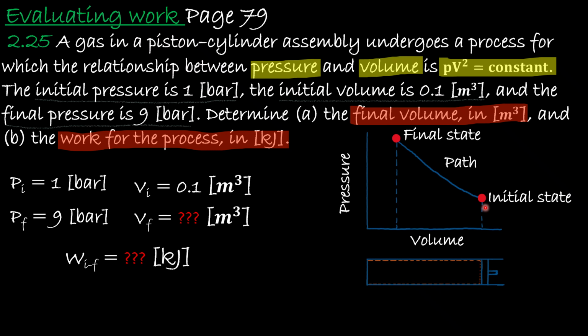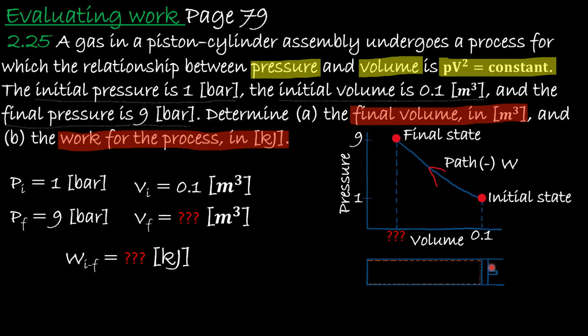As you can see, we go from initial to final, toward the left. When we go toward the left, it means that we're going to have negative work. At the initial state, we start at 1 bar and the final state is 9 bar. We start at 0.1 and we need to find the final volume.